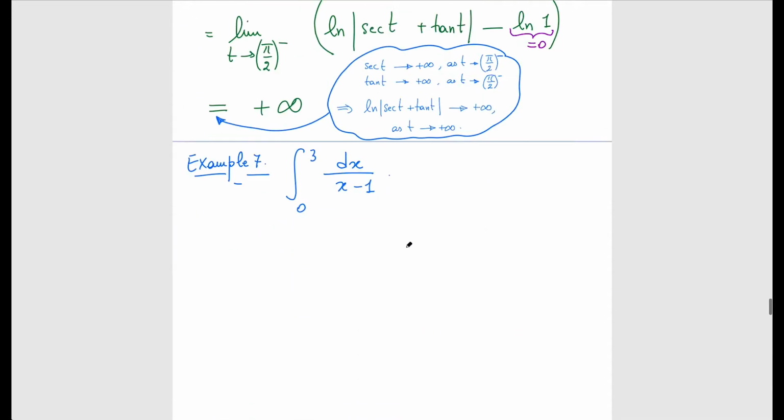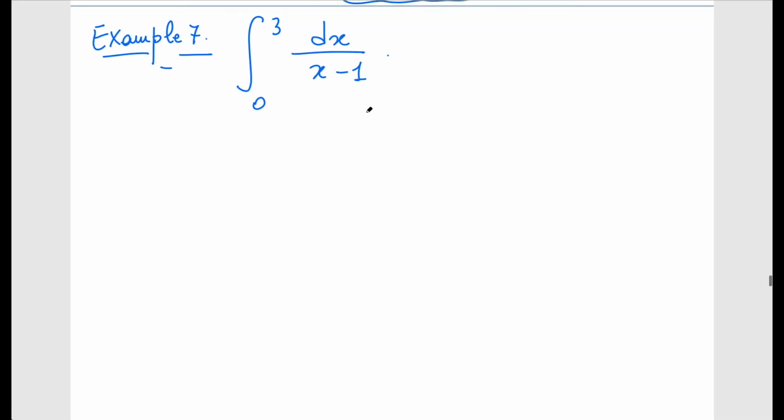This is example 7. So this is equal to, as we said, by part C of the definition, the integral from 0 to 1 of dx divided by x minus 1, plus the integral from 1 to 3 of dx divided by x minus 1.